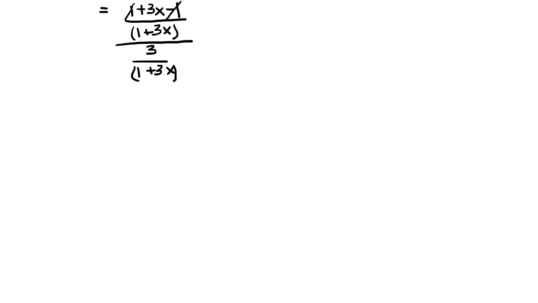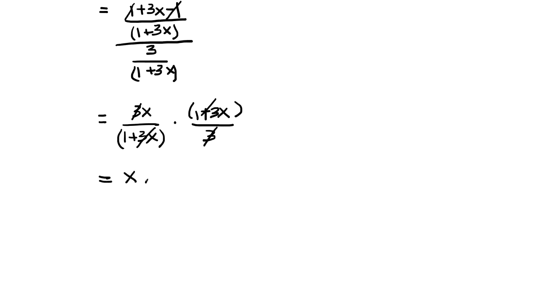When we simplify, we get 3x over 1 plus 3x in the top. Then we multiply by the reciprocal, because that's what we do with complex fractions: 1 plus 3x, divided by 3. And I see that this and this together will be a factor of 1, and this and this together will be a factor of 1. So what I end up with is x. So I've found that f composed with g of x is just x.